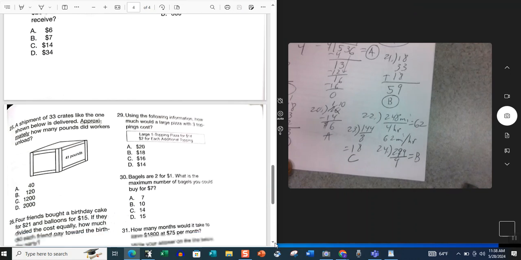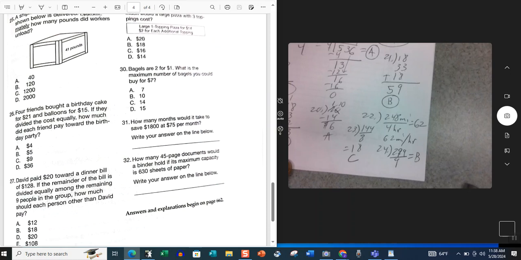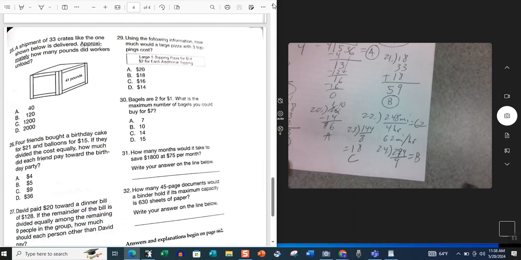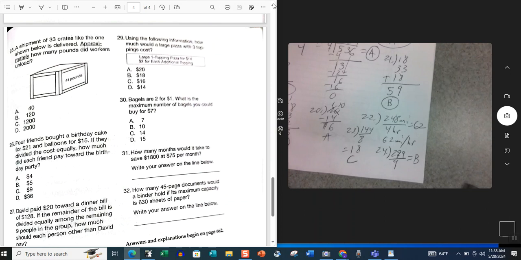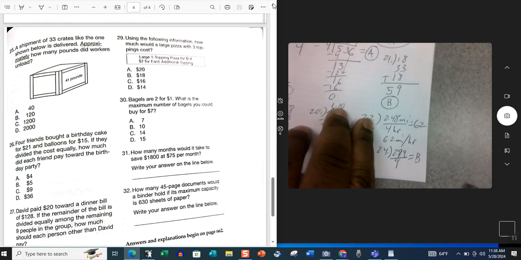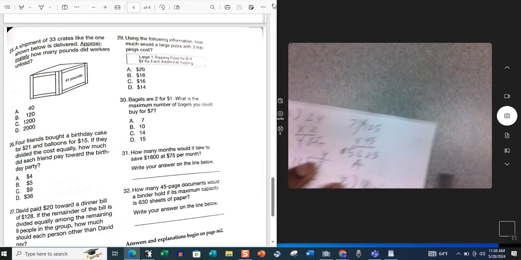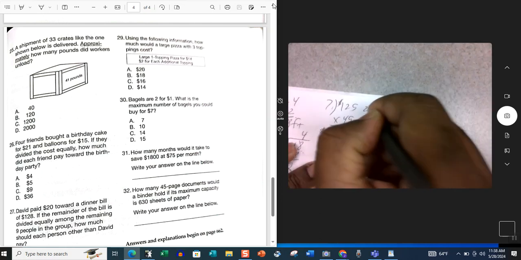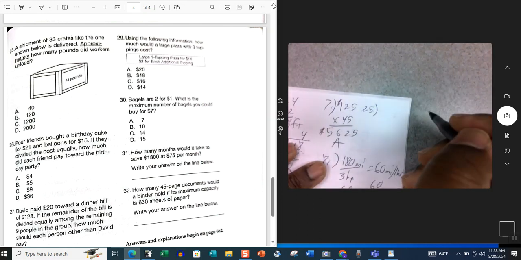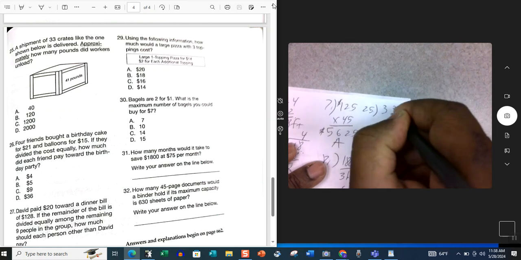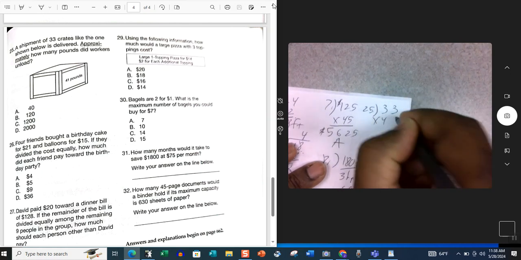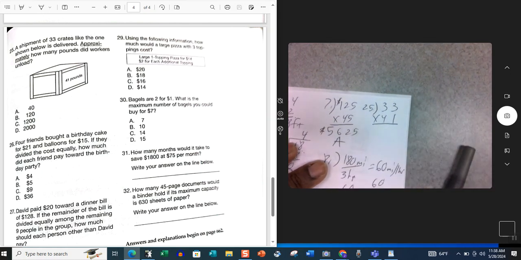All right, so now we go here to problem 25. It said a shipment of 33 crates like the one shown below is delivered. Approximately how many pounds did workers unload? So what we would do here is still a multiplication problem, and this is problem 25. We would take 33 crates, and they're 41 pounds apiece.